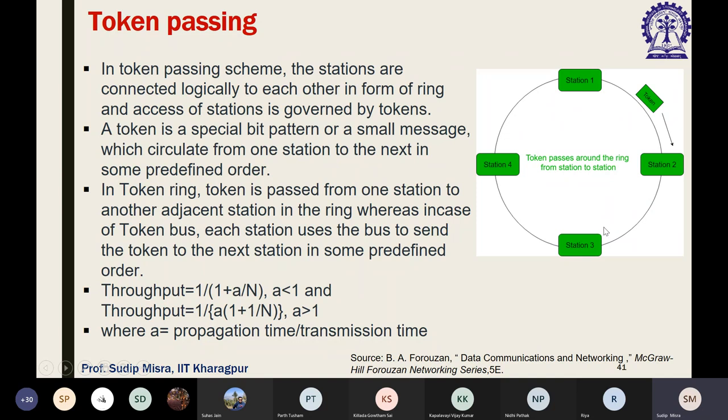The station which has the destination address marked in the token is going to get the frame, keep the data, and again pass the token forward, right? So this is how the token passing mechanism works. It is not very common nowadays, but in the interest of completeness, I just want to let you know that this sort of mechanism also exists.